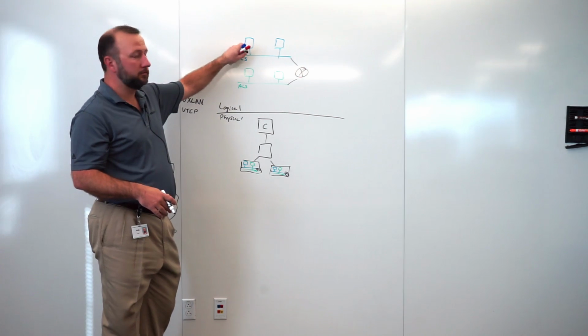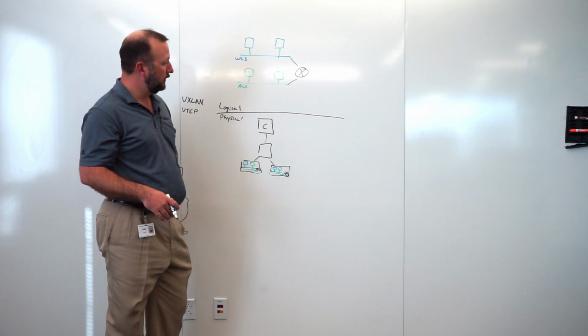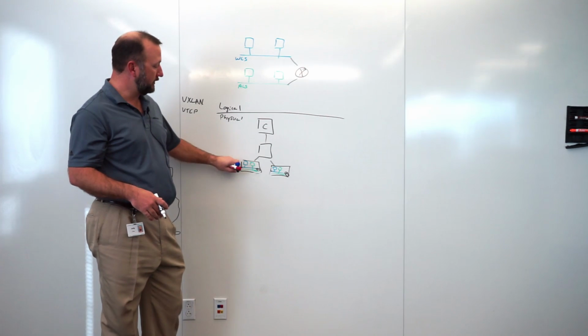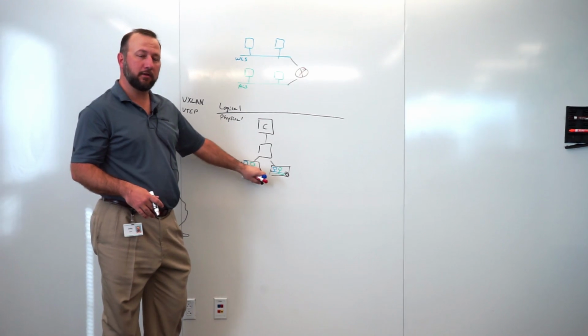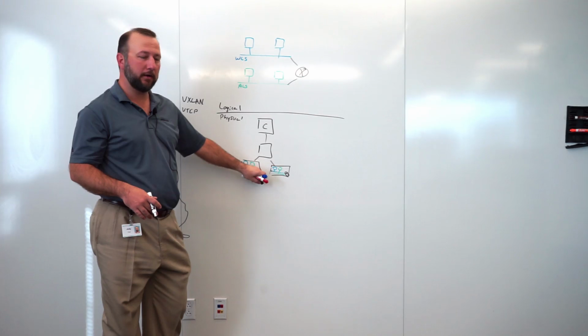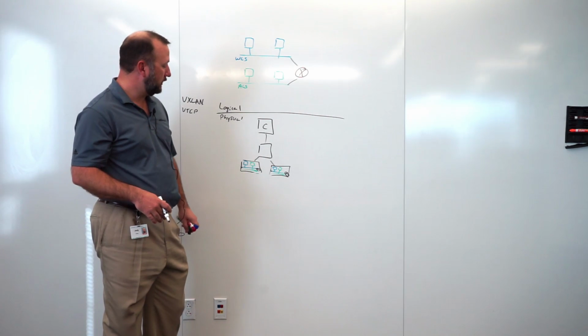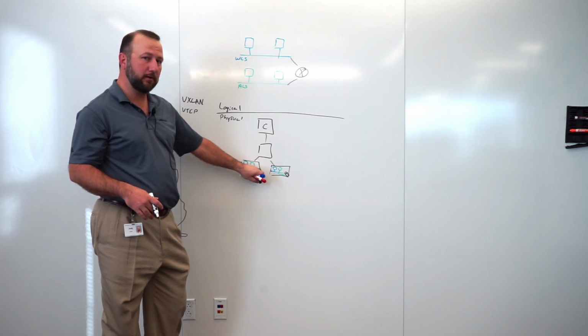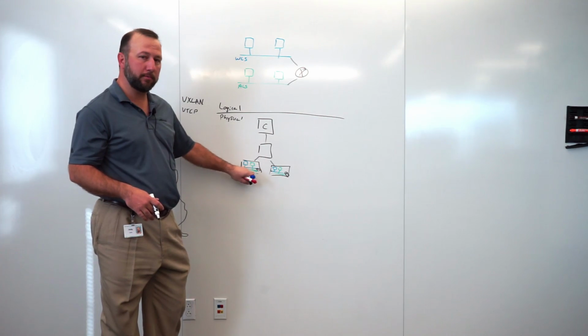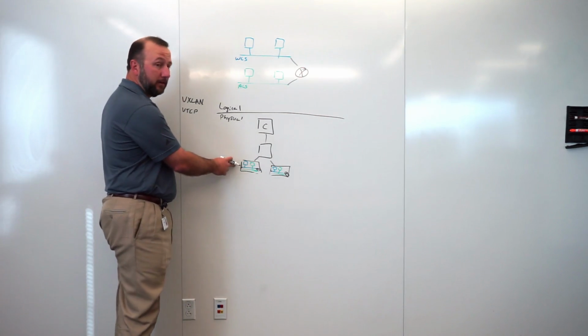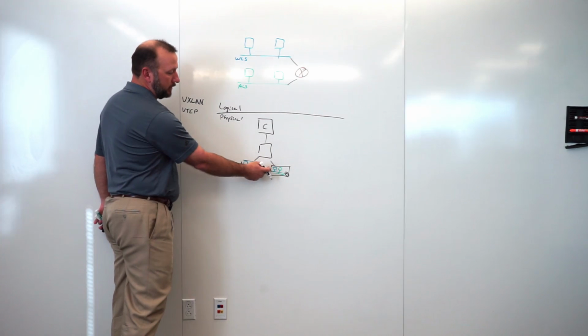Now, if I need to go web 1 to app 2, same process. I'm going to send a packet to my local routing instance, my local default gateway. Routing will always occur on the local host. So web 1 sends the packet to his default gateway. It's going to get routed, put on the appropriate layer 2 segment, picked up by the VTAP. Now I tunnel it across the infrastructure.